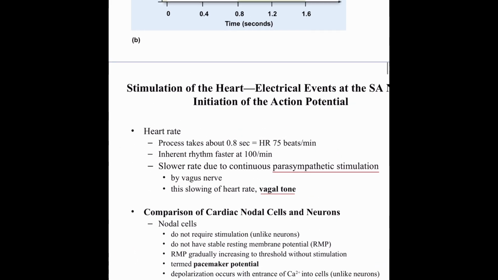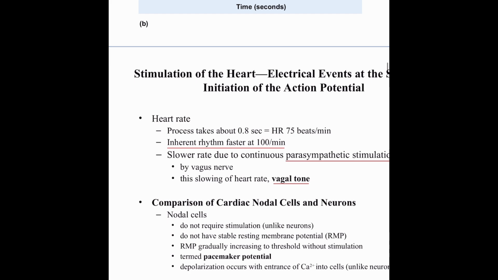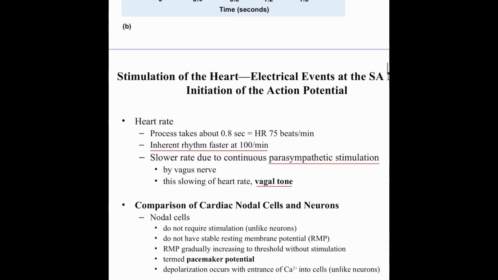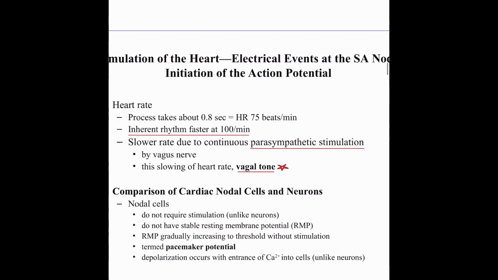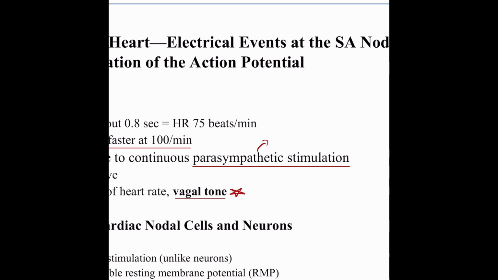So typically, our inherent heart rate rhythm is faster than 100 beats per minute. That's not good. Like, go for a run or something. But we have something called vagal tone. Vagal tone is the slowing of our heart rate. So it's parasympathetic stimulation, because we know parasympathetic is cardioinhibitory.